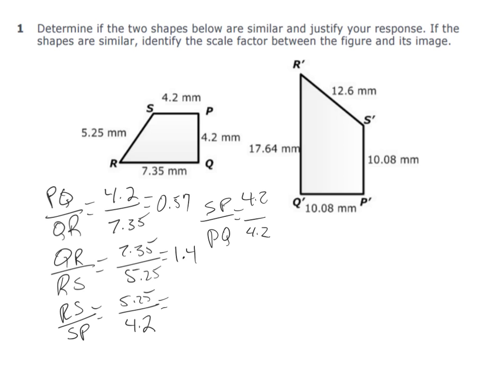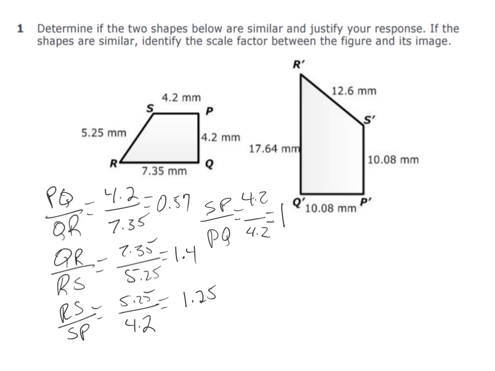And then RS to SP, that looks like 1.25. And then of course, SP to PQ is going to give me 1. So these are my ratios.